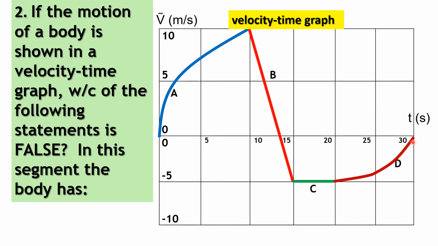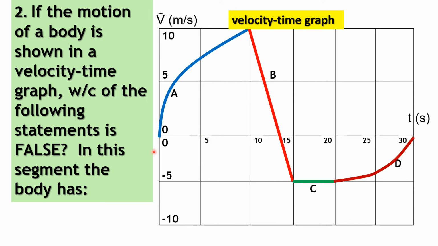But what about the sign of the acceleration? Okay, how do you know again? How do you determine the sign of the acceleration? Of course, we do the usual method of determining the delta V. What is the delta V? It's the final minus the initial velocity. And at 30 seconds, what is the value of the velocity?